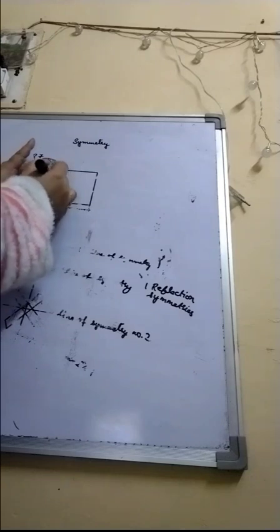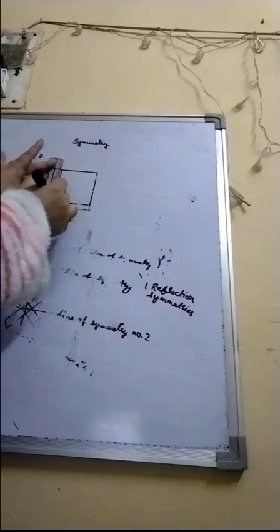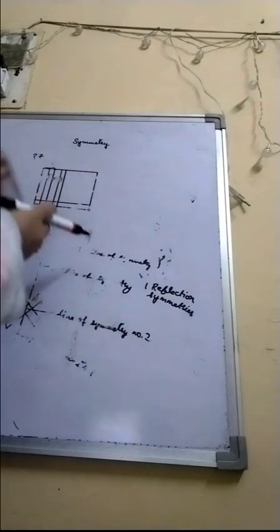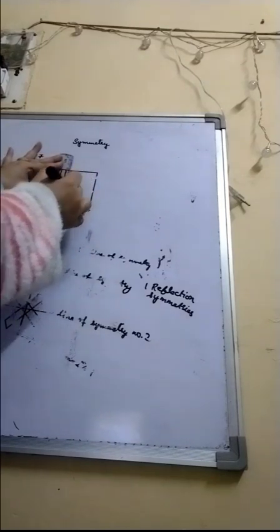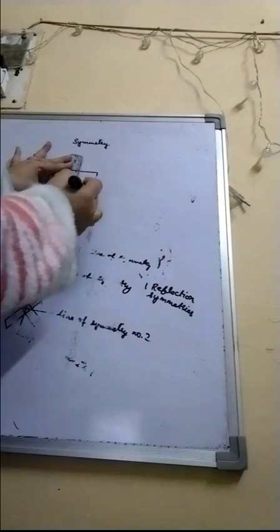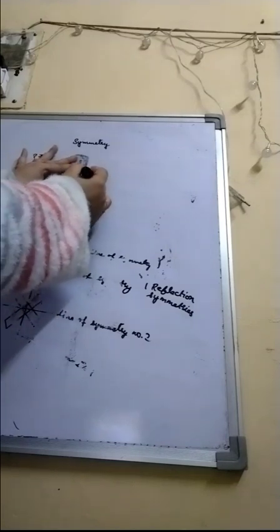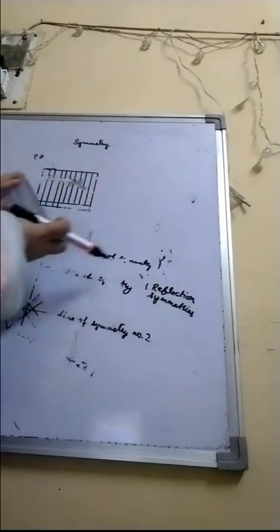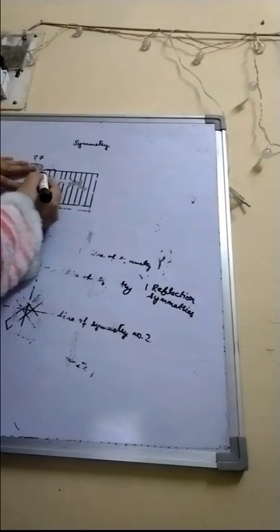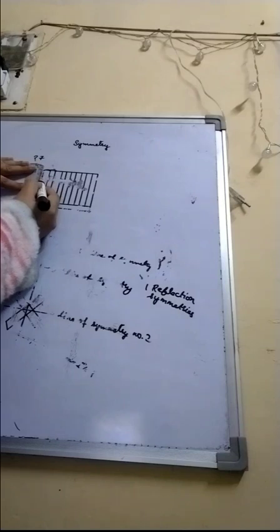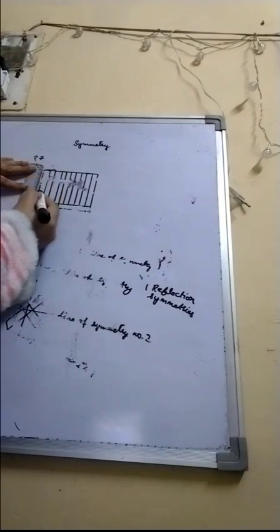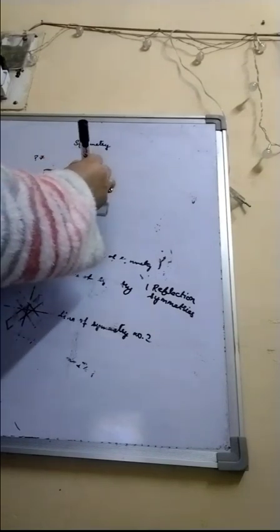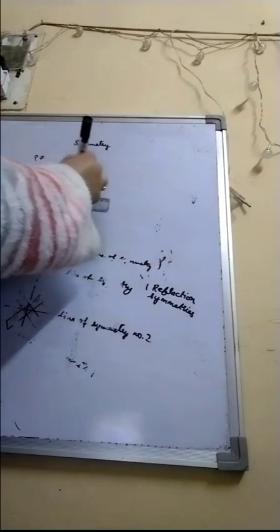So join them, and in this way you would get the blocks. Similarly, join the horizontal points.